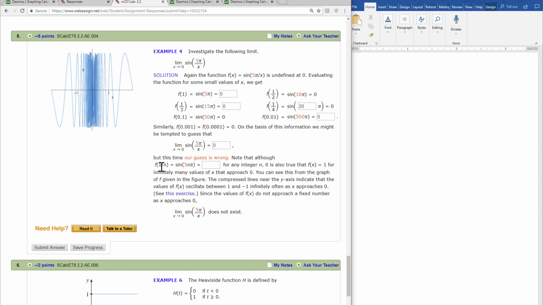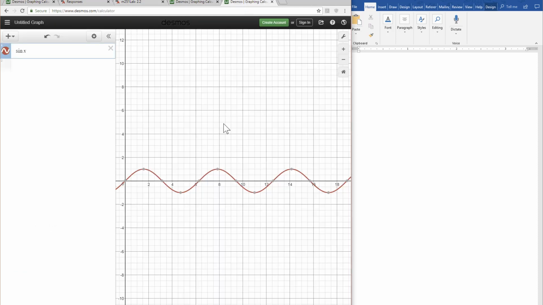Note that although f of 1 over n equals this expression, if I look at the angle in the sine here, this is a multiple of pi. This is 5 times n times pi. And anytime you have a whole number here, here it's just multiples of 5, but actually 3, 7, and other numbers that are not multiples of 5 are also going to generate a value of 0.